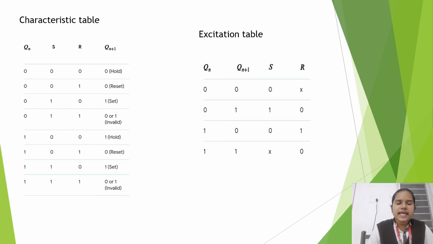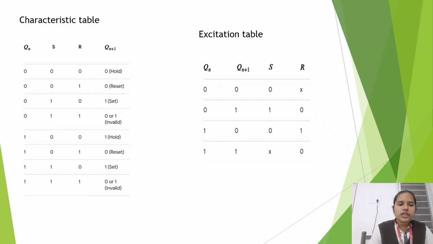And here we see the characteristics table. First we take Qn as the present state, inputs S and R, and next state Qn plus 1. If we apply Qn equals 0, S equals 0, R equals 0, the next state will be 0. That state is called hold state.